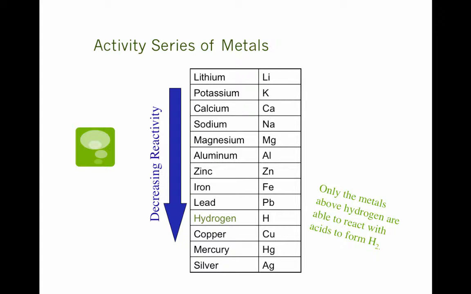So here we have the activity series of metals. Be sure to note that only the metals above hydrogen are able to react with acids to form hydrogen gas. In addition, on this chart, the top four metals are the only ones that react with water.